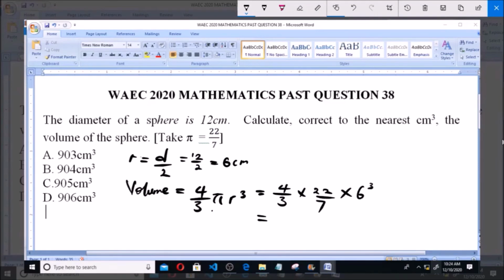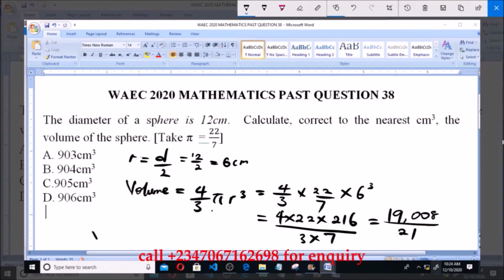Now this is equal to 4 times 22 times 216, which is 6 cubed, all over 3 times 7, and that is equal to 19,008 all over 21. Therefore the volume V is equal to 905.14 cm cubed.